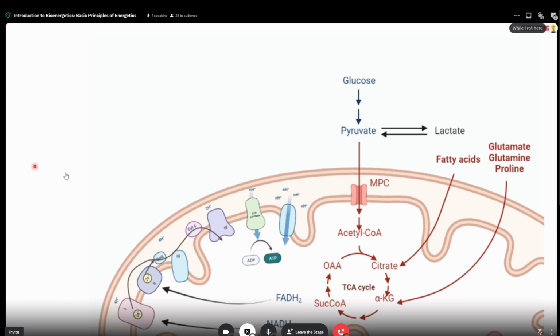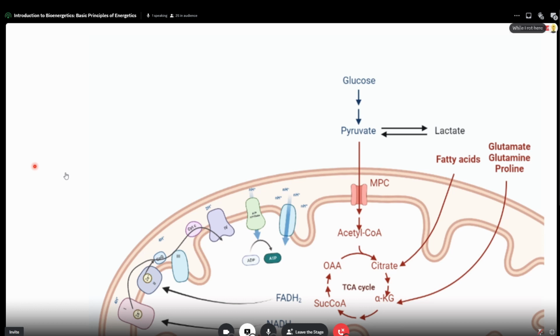You can have the electrons being donated at complex 1. It can then be transferred to the coenzyme Q, which gives it to complex 3. Complex 3 gives it to cytochrome C. Cytochrome C then gives it to complex 4. At complex 4, these electrons are involved in the consumption of oxygen.